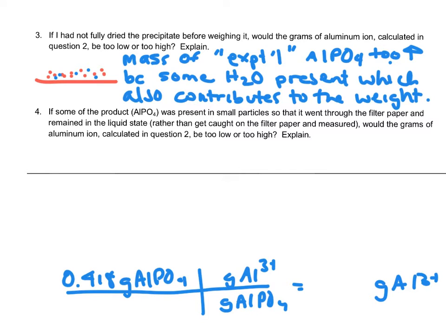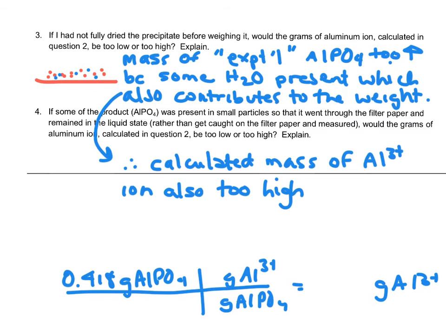So if this value is too high, I think I made more of this than I really did, then when I carry out my math here, this value will be too high. So then I need to go ahead and write that, and I'm just going to continue it down here. I'm going to pause it and write that in here. And here I was very specific and said the calculated mass of the aluminum ion is also too high. I didn't really have a bigger mass of aluminum in the solution, but the number I calculated was bigger than the mass of aluminum that was actually there.